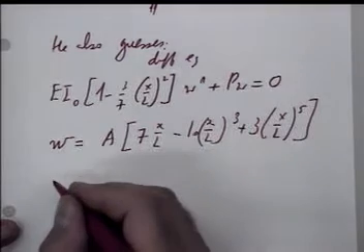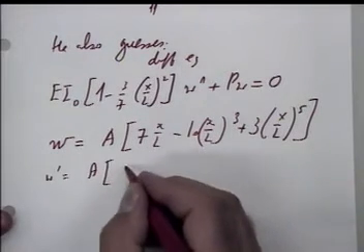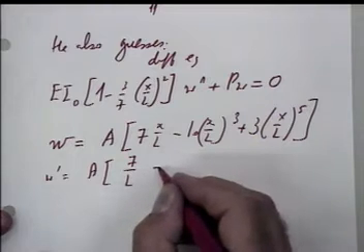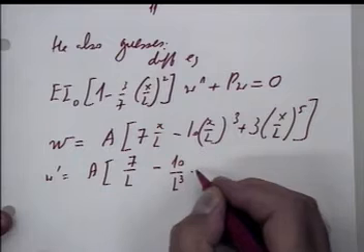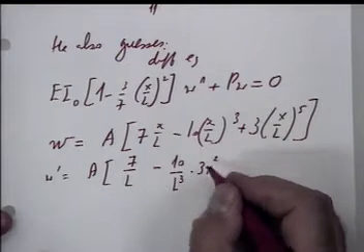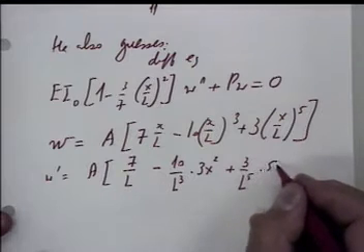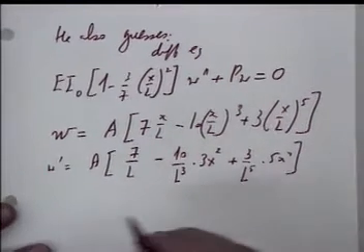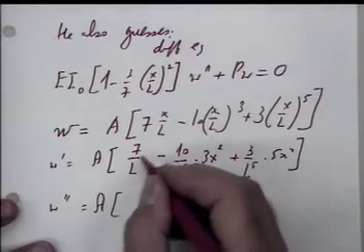Now let us check. First derivative equals A times 7 over L minus 10 over L cubed 3x squared plus 3 over L to the fifth, 5x to the fourth power. W second derivative equals A. This term vanishes.